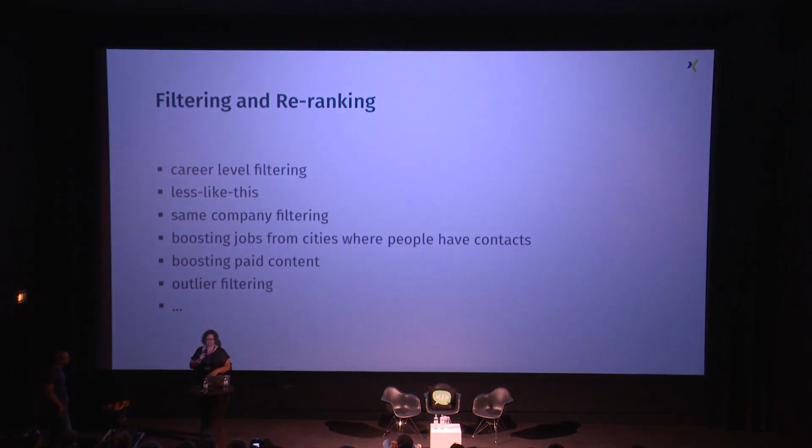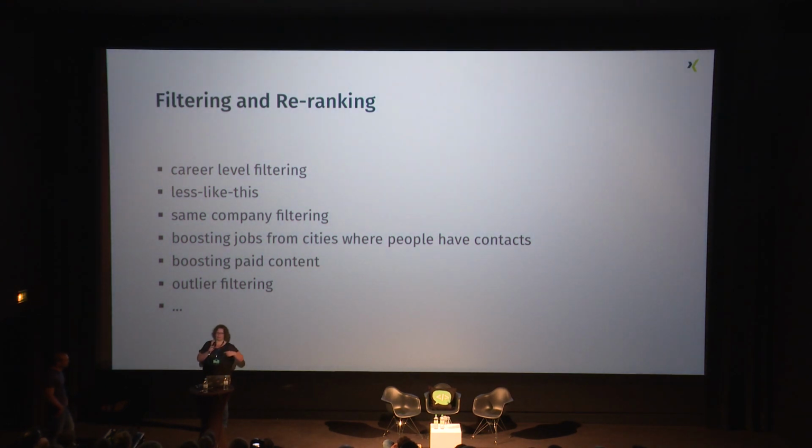The first approach for that is that we have a lot of recommender strategies, and we combine all the results from these strategies, and now we filter them, and then we re-rank them. One filtering that's very important is the career level filtering. We can never recommend something from a lower career level, for example.